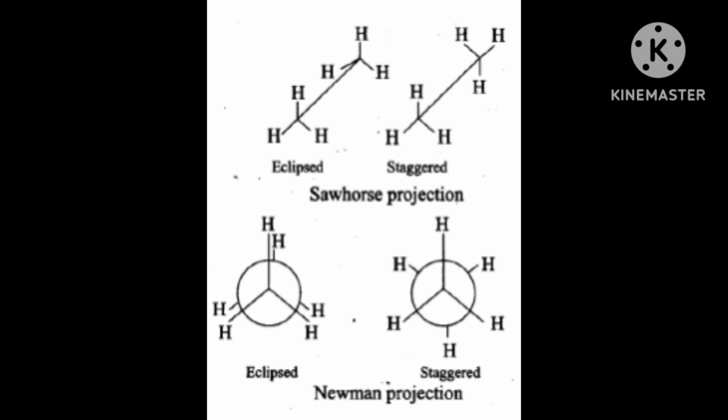When both are touching and covering each other, with a minor change of 5 or 10 degrees, it will look like a covering. That situation is the eclipsed situation in the Newman projection.